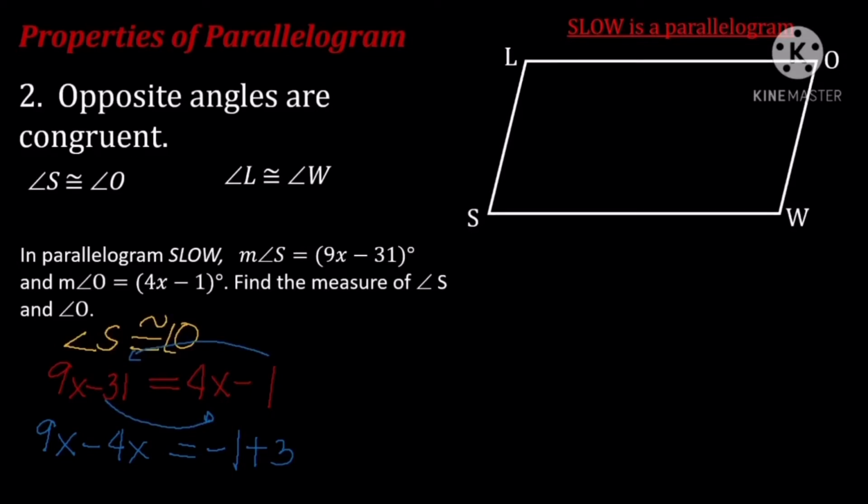So, 9x minus 4x is equal to 5x equals negative 1 plus 31. We have positive 30. And then divide both sides by 5. The value of x is equal to 6.